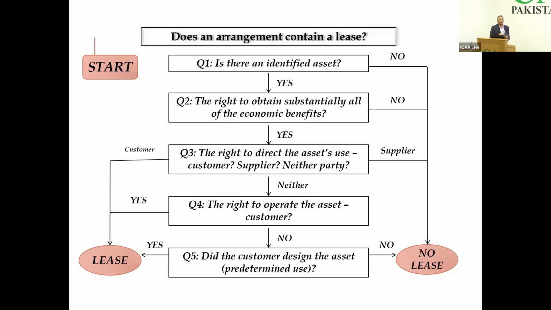Sometimes, even before the lease contract, the lessee directs how that asset should be manufactured or developed, and that means it will be a specified asset for the lessee. If such a situation exists, then it's a lease contract, and that will be covered under IFRS 16. If the answer is no, then it's not a lease contract. So it's a very important decision tree to identify whether the contract is a lease or not.